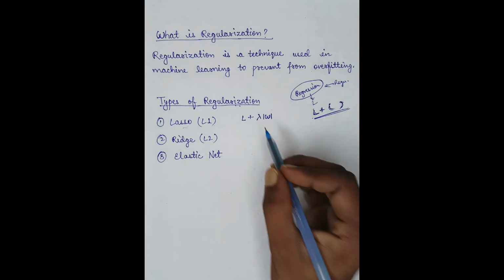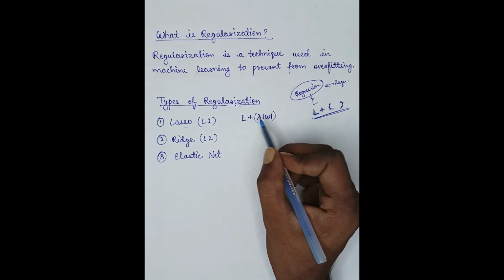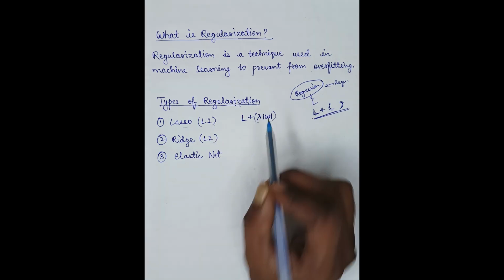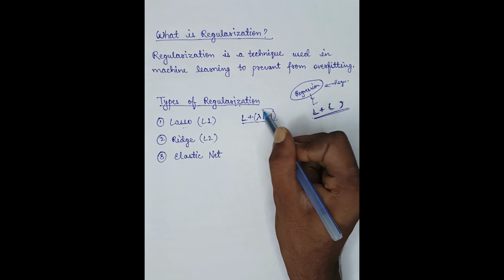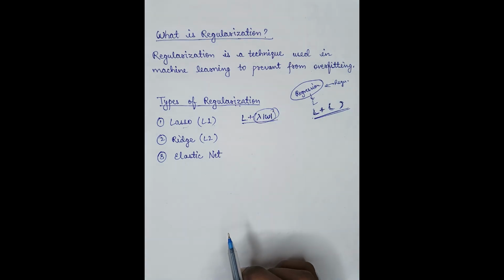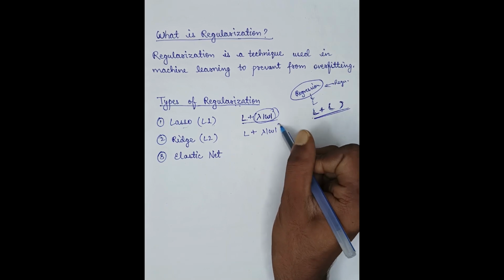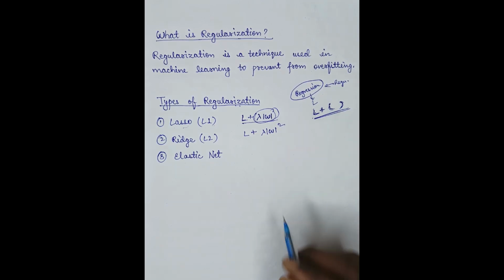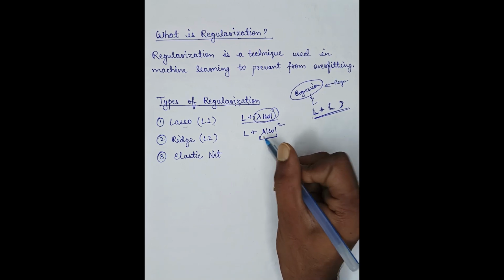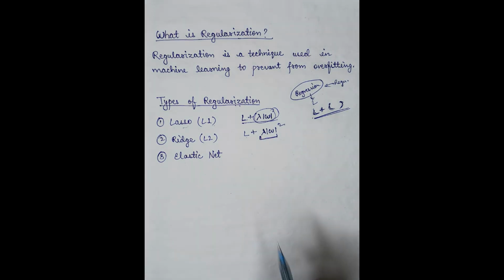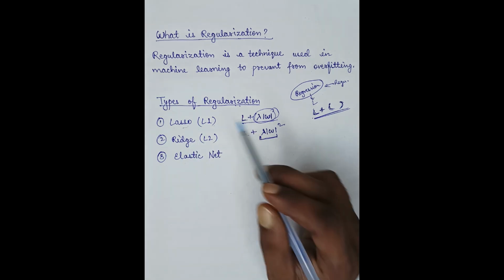This is the term that we add to the loss function of the model, and then we call it lasso regularization. And when we add the square of the weight vector times lambda to the loss function of any model, then we call that ridge regularization on that model.